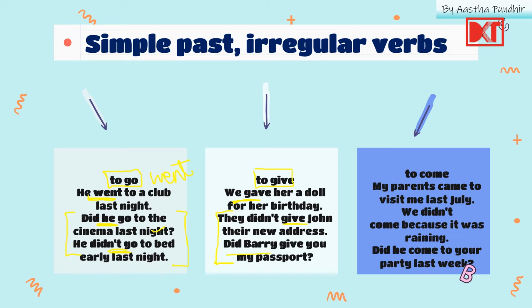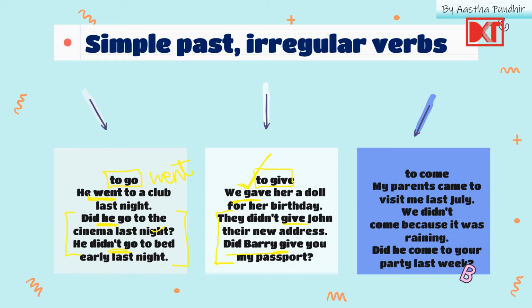For question also, did Barry give, which means the original form. Did Barry give you my passport? And for the rest of them, we use gave when there is no did to be used. I gave her, you gave, he gave, she gave, it gave, we gave, you gave, they gave.